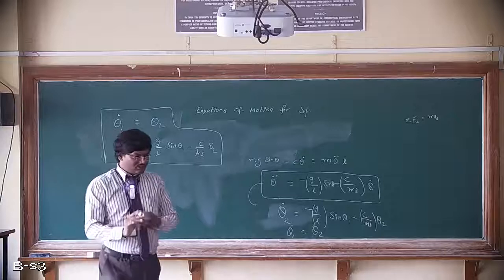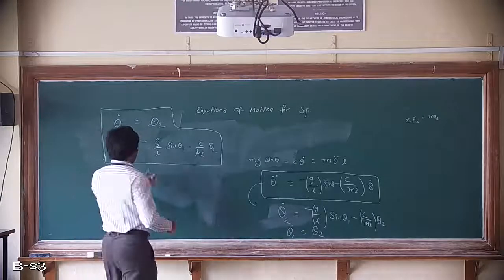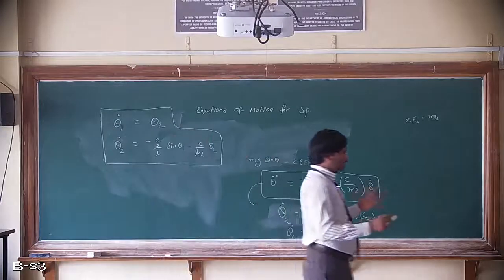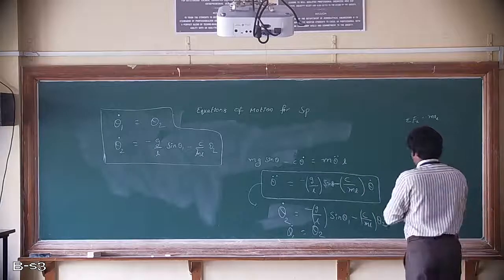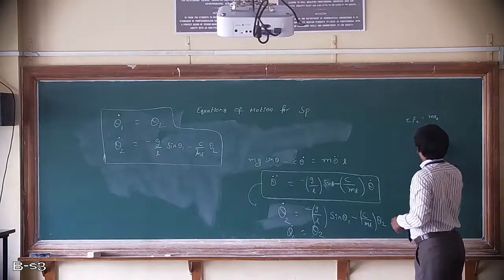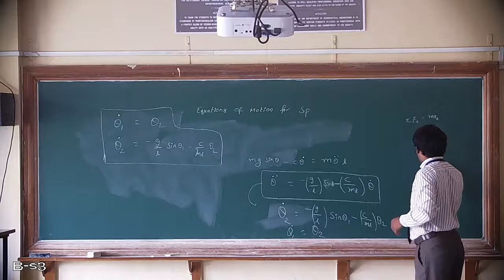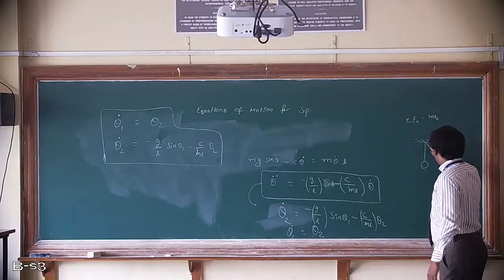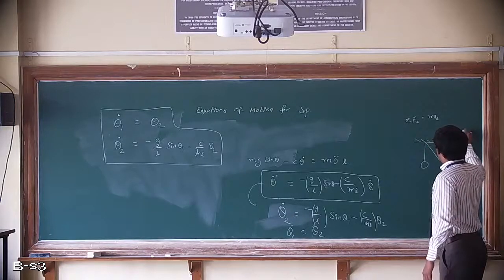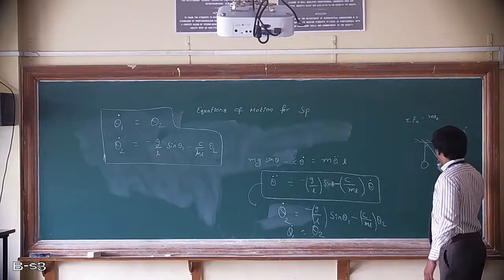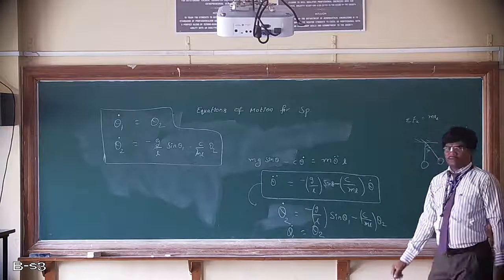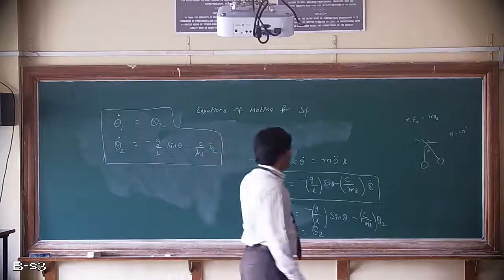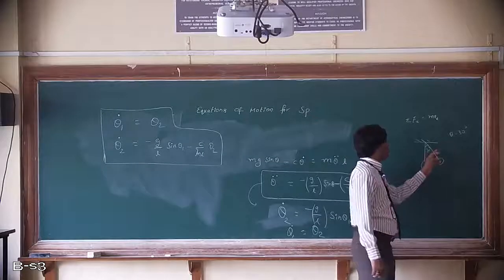What is meant by this? I am saying this theta 1, theta 2 are the state variables, right? So they will define the state of the system. For example, if this is my simple pendulum, if I say theta is equal to 30 degrees, it is saying at which position it is, only theta is equal to 30 degrees.